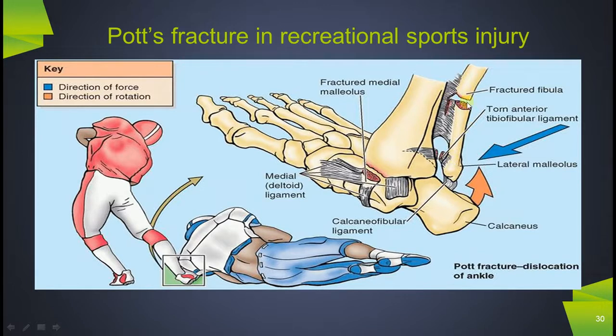Because of that, there is a fracture of the fibula a little above the ankle joint, and here you are able to see the medial malleolus of the tibia. There is a transverse fracture. This is called the Pott's fracture. Here you are able to see how the talus is impacting against the lateral malleolus of the fibula.